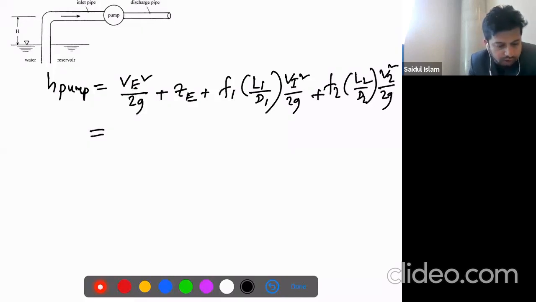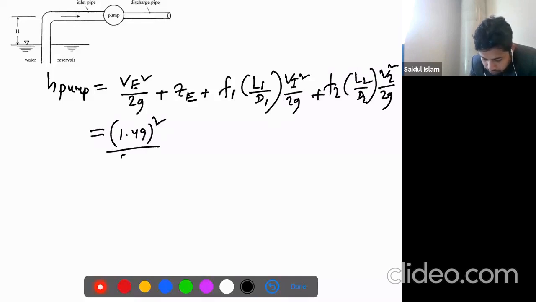So VE is 1.49, this is 2 times 9.8. ZE is 5.